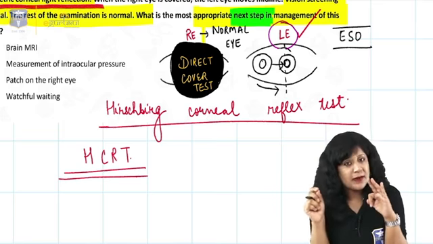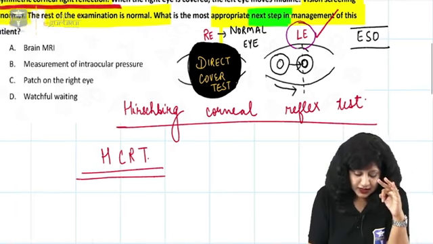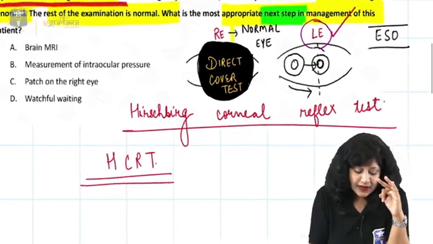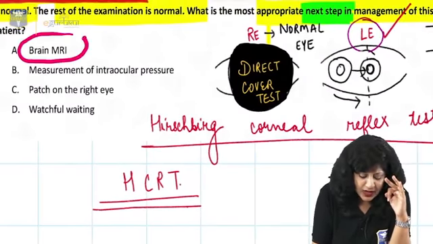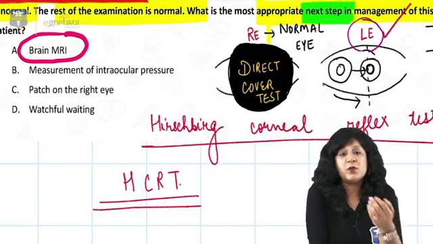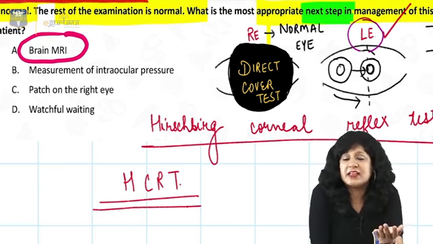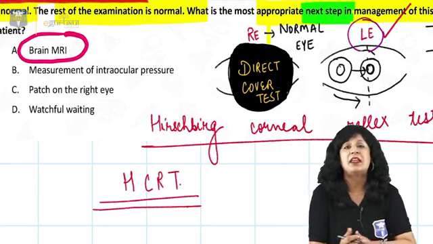Now on this basis I'll try to see the options they have given us. So the first option is brain MRI. Now am I supposed to just order the brain MRI without actually doing the physical examination, without analyzing the other things, straight away going for the brain MRI?